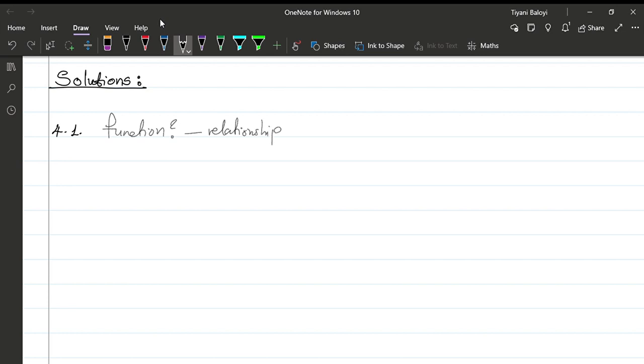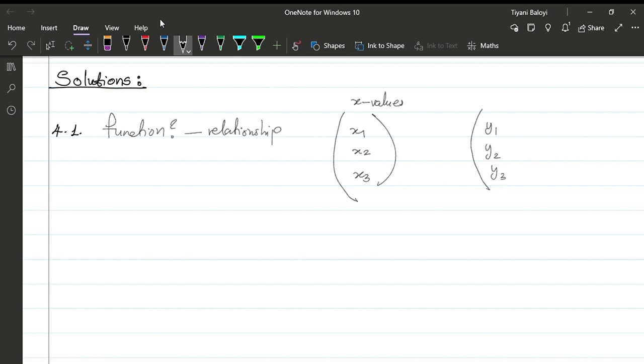So for example, let's say these are your x values, and then you have elements here, x1, x2, x3. So when you advance in mathematics, you call this something else. You call it a matrix, right?